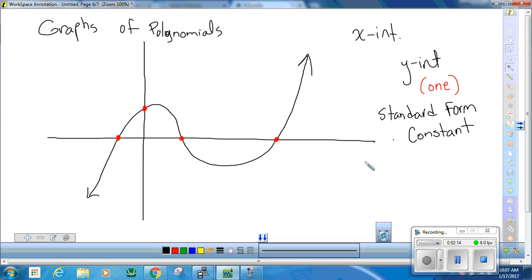So anytime you're looking at the standard form of a polynomial equation, its constant is always its y-intercept. You can find the y-intercept quite easily. Look for the constant. That is your y-intercept. Most of our time today is going to be spent focusing on the x-intercepts. So let's take some time to talk about x-intercepts.